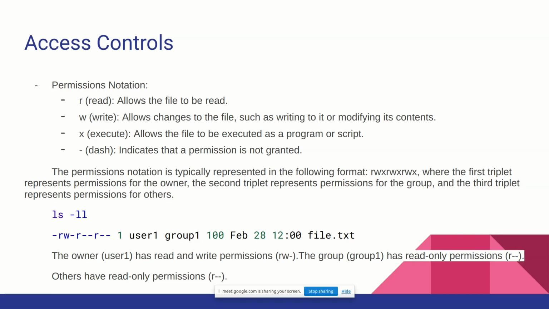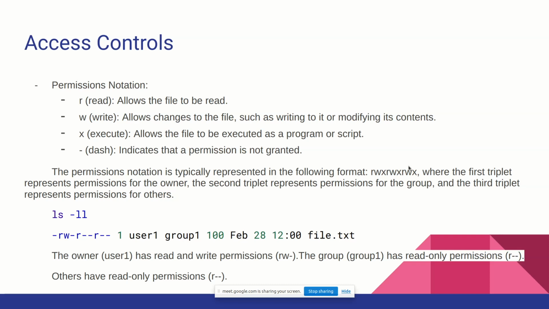This is the typical format of the file permissions notation. Here, r, w, x means a user can have read, write, and execute access, a group can have read, write, and execute access, and others also can have read, write, and execute access. If a file has all of these, anyone can go and access the file.